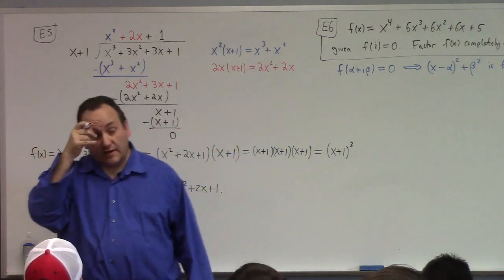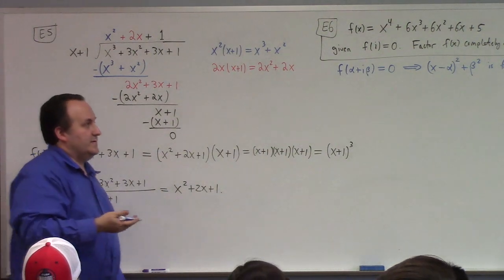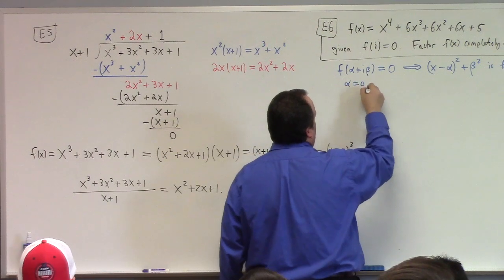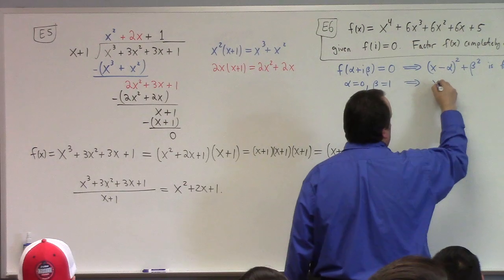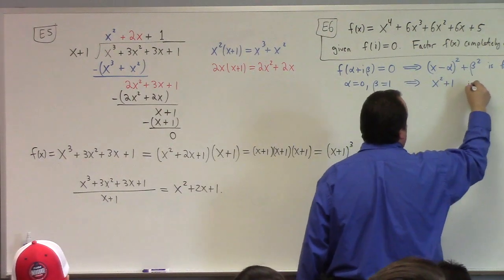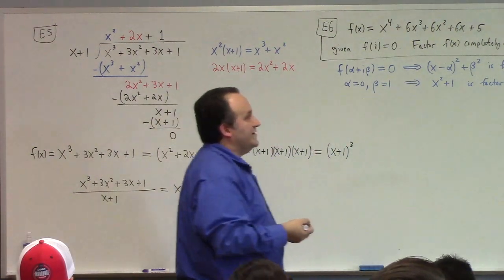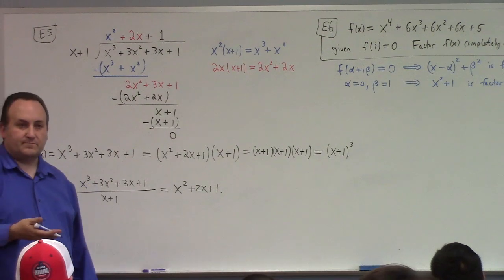So in this case, I'm giving you that f of i equals 0, right? So my alpha is equal to 0, my beta is equal to 1. So this simply gives us x squared plus 1 is a factor. So we should be able to factor it out.